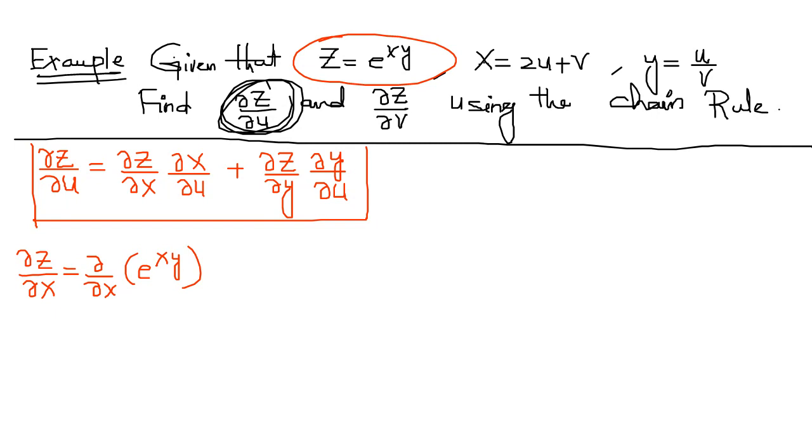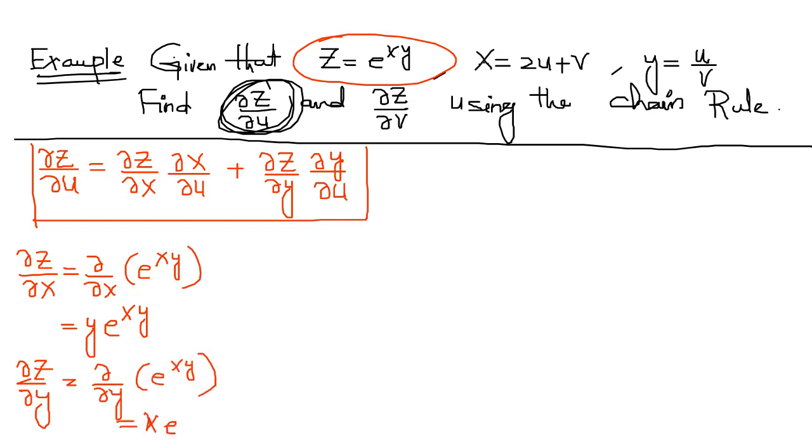The partial derivative will become e power xy is same, and the derivative of xy with respect to x is y, so it will become y into e power xy. Similarly, you can find the partial derivative with respect to y, that is partial by partial y of e power xy, that is equal to x into e power xy.